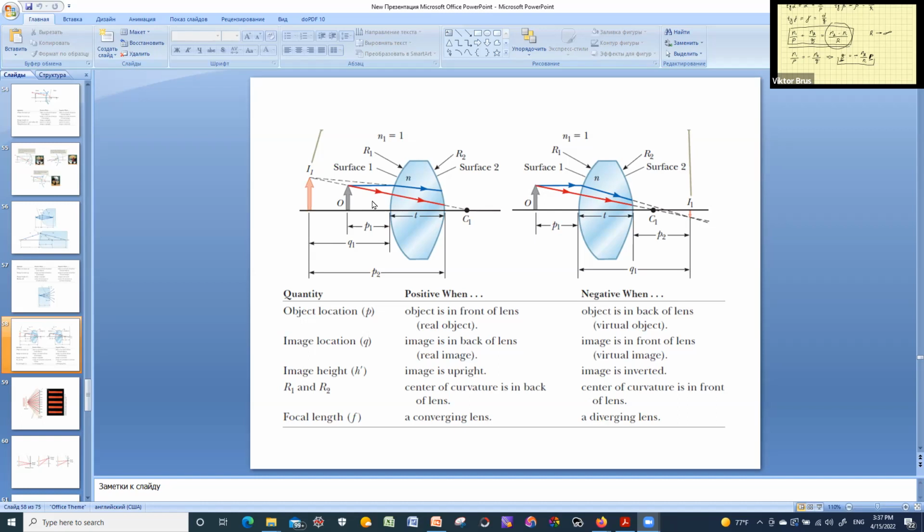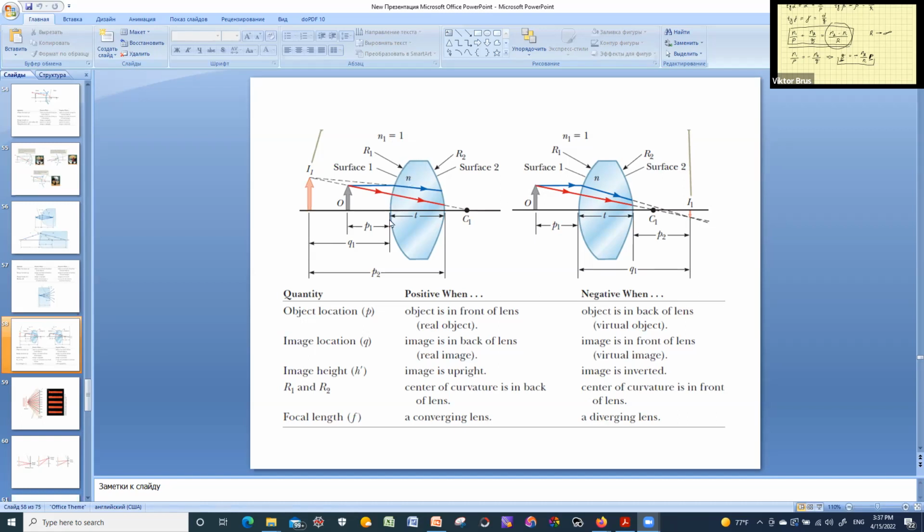We have some glass in this shape, which forms two curved surfaces placed in air. The refractive index of air is unity, and the refractive index of glass is n.